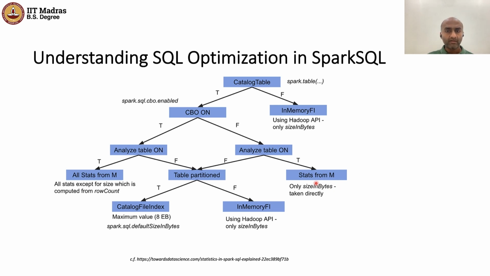If the analyze table is not run, then a default treatment happens. The default treatment is based on whether the table is partitioned or not. If it's not a partitioned table, then the file system API from Hadoop itself is used directly to come up with a crude approximation of the size in bytes.